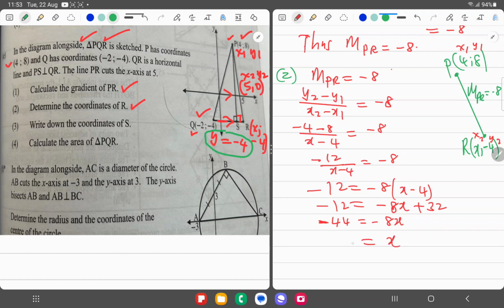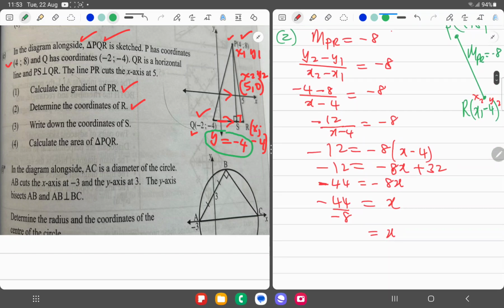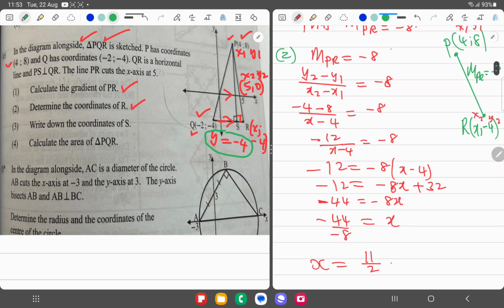This means x is -44 over -8, which means x is 11/2. This confirms the coordinates of the point R. And so the coordinates of the point R, as the conclusion, are x is 11/2 and y is -4.